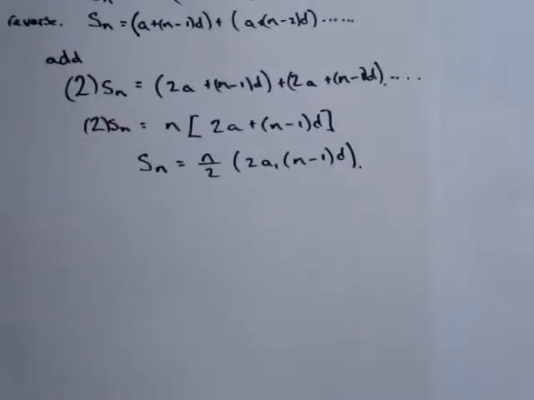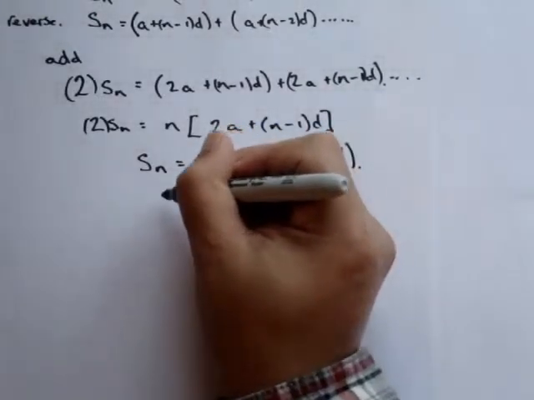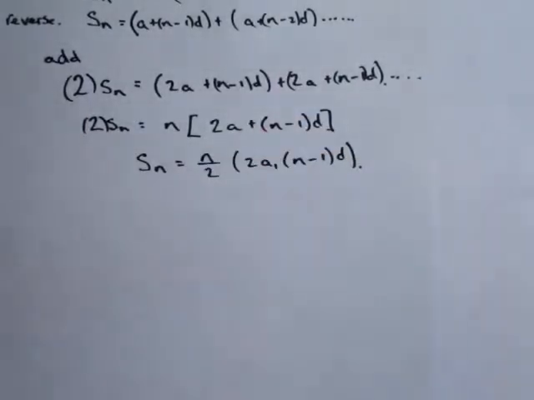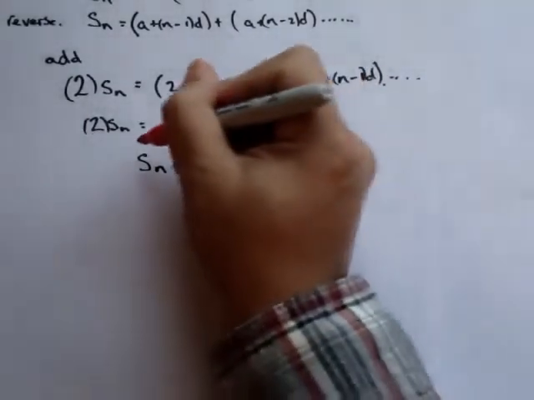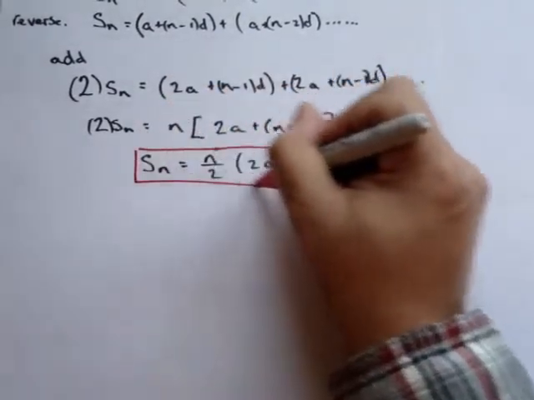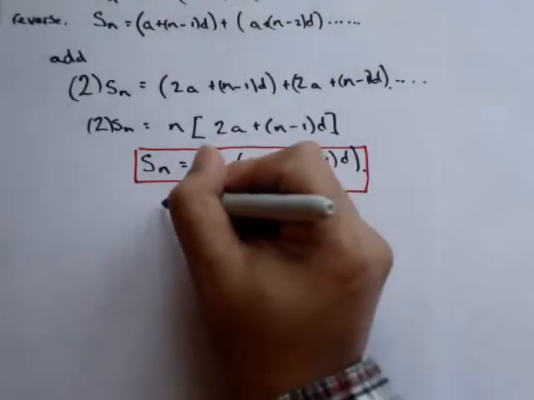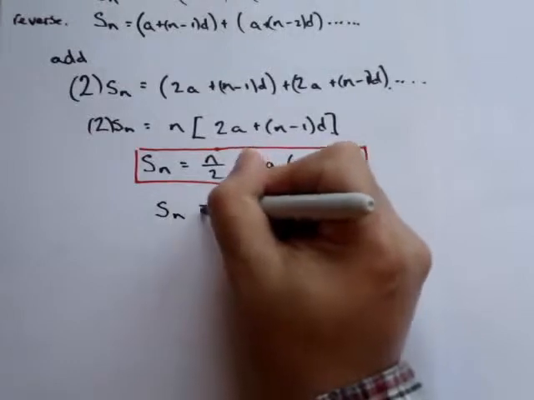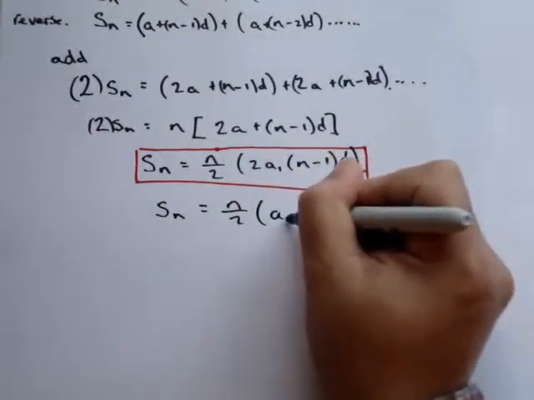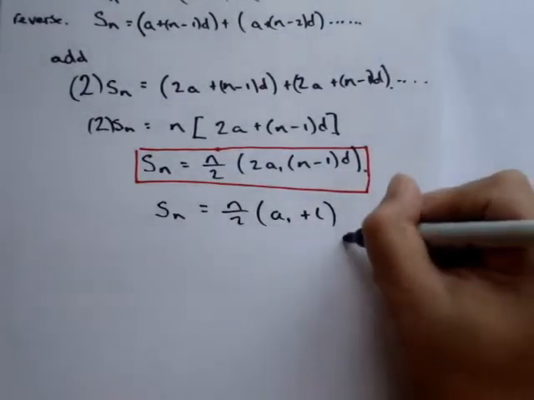If we put this in a form that you need to remember, it's this one, so that we need to remember. And also this can be written as sum of terms equals n over 2, (a, which is the first term, plus l, which is the last term).